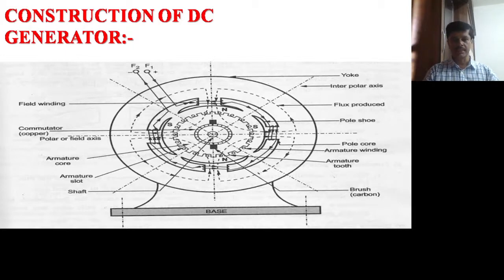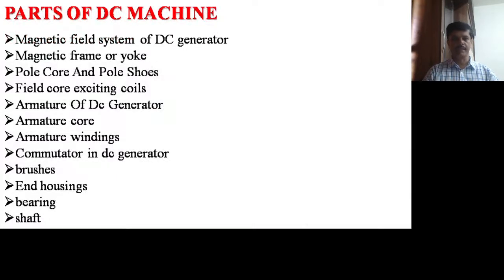Internally, these are connected to an armature, commutator segments, and also brushes along with the rotating shaft. So these are the constructional details of a DC generator.